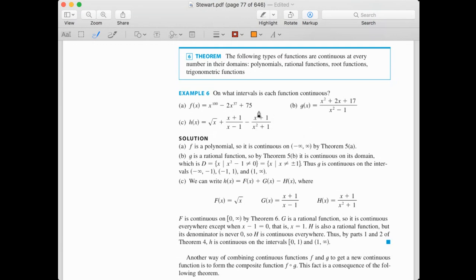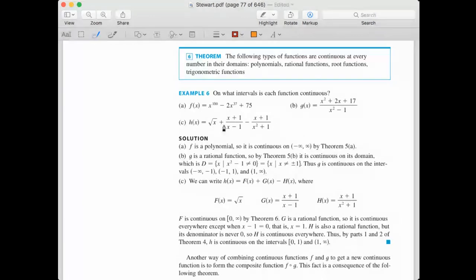This is even a rational function, but x squared will never be -1. So this piece has domain every real number, this piece says domain is everything but 1, and this says domain is all non-negative numbers from 0 up.